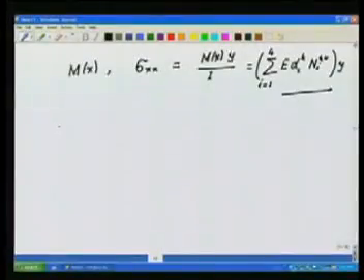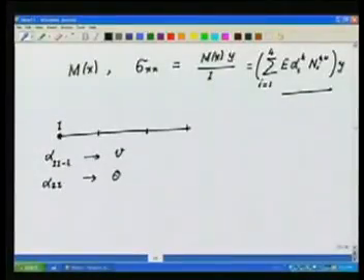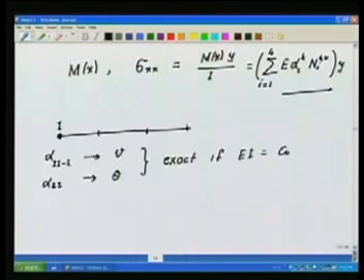Given a mesh, the values of alpha 2i minus 1 for a node i and alpha 2i for a node i correspond to v at this point and theta at this point. The values are exact if EI is equal to constant.